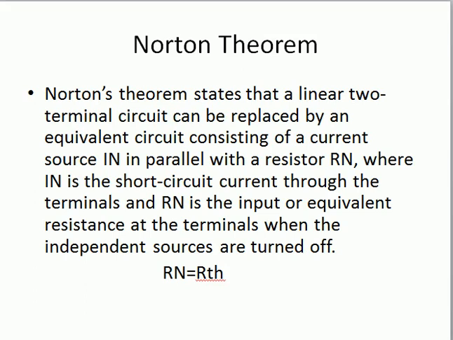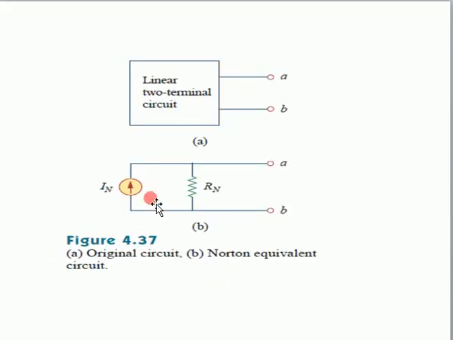In Thevenin theorem we have the RThevenin in series with the voltage source VThevenin, and here we have the equivalent or input resistance RN connected in parallel with the current source IN. And remember that RN is equal to RThevenin. You can understand it by this: the linear circuit is here, and here is the open terminal AB.